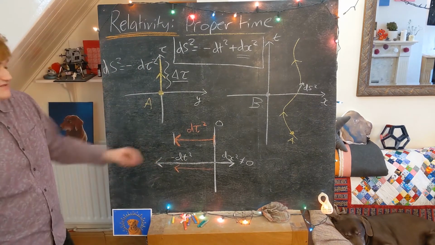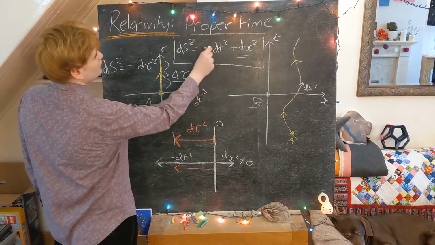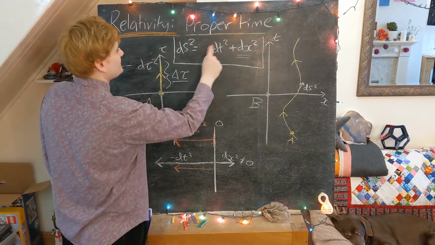Or rather, not necessarily just become more negative, just the value of dt is going to increase in order to keep the value of d tau the same.